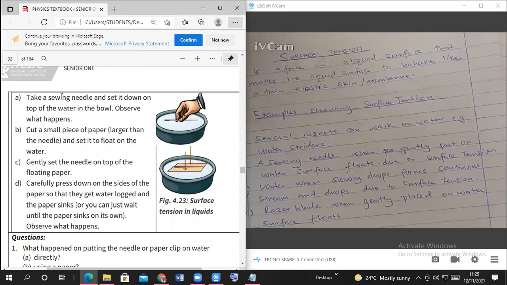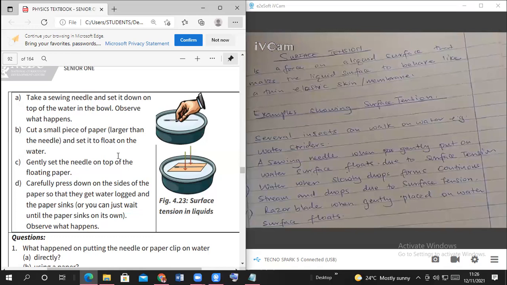They are saying that take a sewing needle and set it down on the top of the water in a bowl. Observe what happens. If you just get a needle and put it on the surface of the water, that needle is likely to sink to the bottom. But if you get a small piece of paper that is larger than the needle, and you carefully place the needle on that piece of paper, and place the paper on water, what will happen?